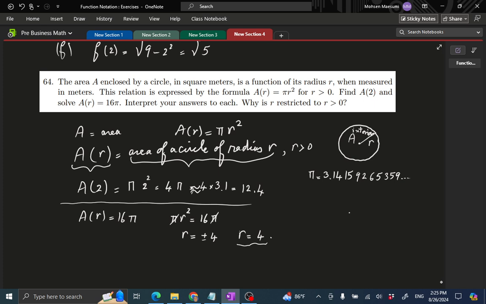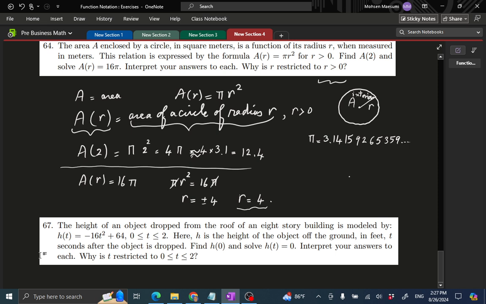So there is a bit of a choice of convention here. For this book, r is positive until indicated otherwise. Okay, so that was another example. Let's see what else we have here.